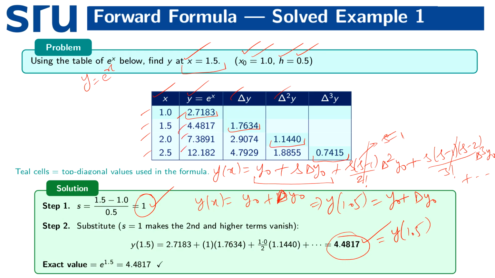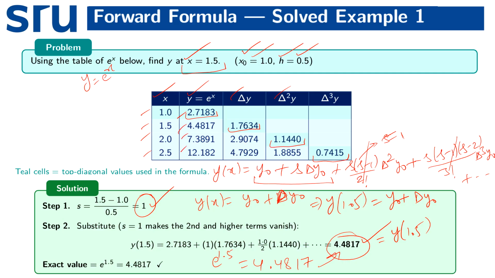The exact value we can verify as well for the function e raised power x, e power 1.5 equals 4.4817. So the result is accurate.